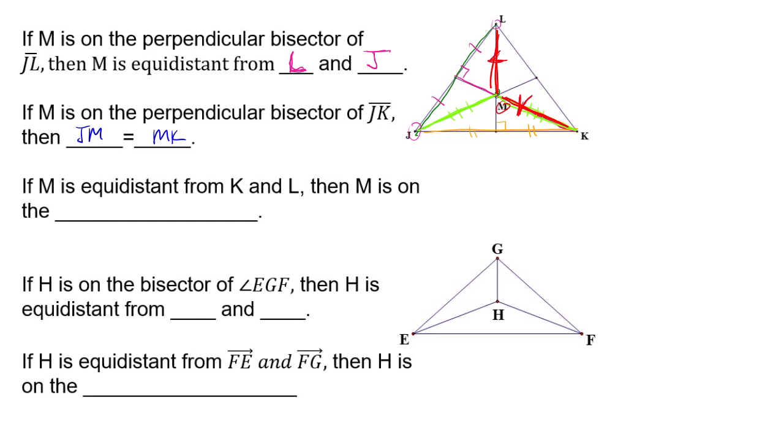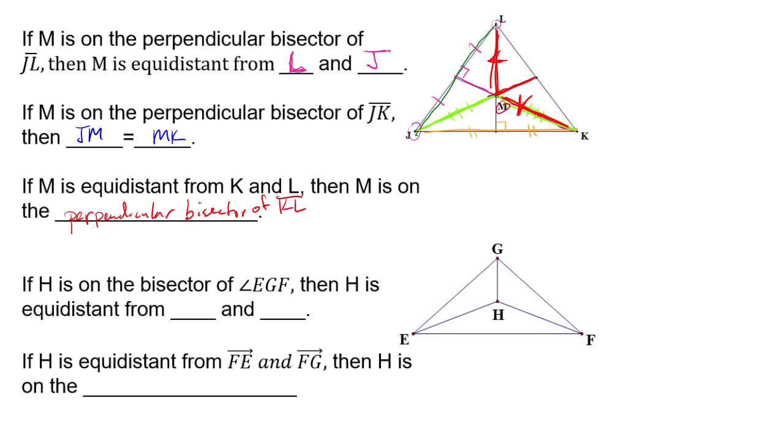All right, if those distances are the same, that means that M must be on the perpendicular bisector, right? So that's the converse of the perpendicular bisector theorem. So M is on the perpendicular bisector of KL, right?